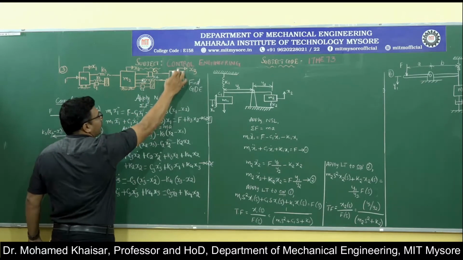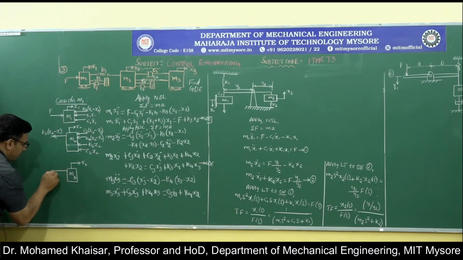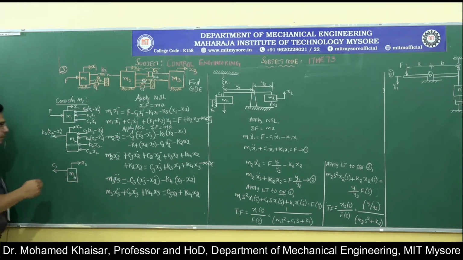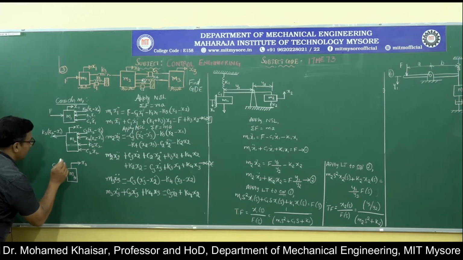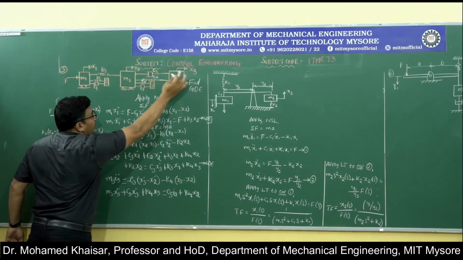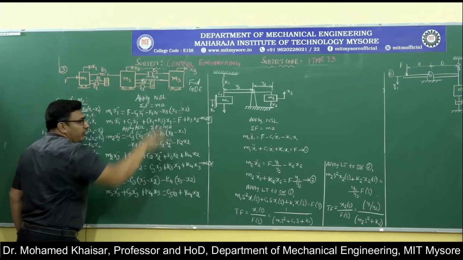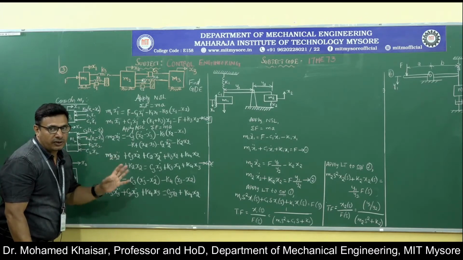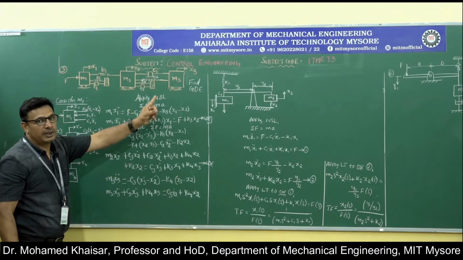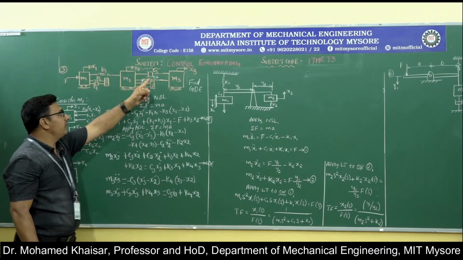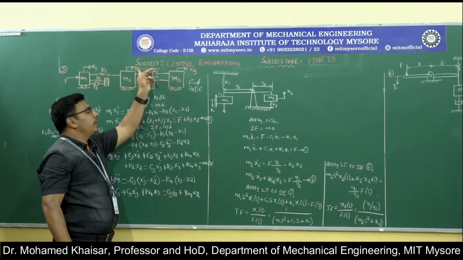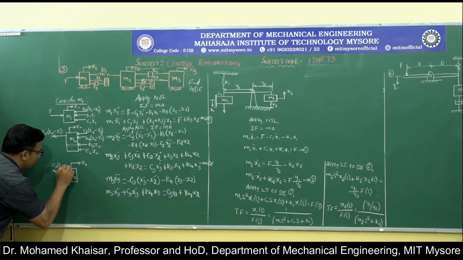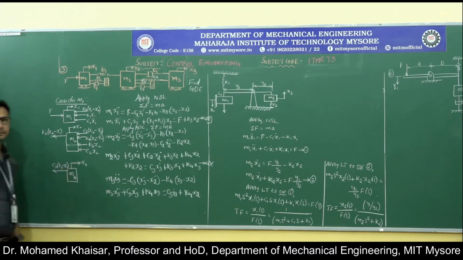When m3 tries to get displaced by distance x3, the damper will try to pull it back by offering the resisting force of C3 into x3 dot, but then m2 will try to push it back, so the effective damping force that is going to resist the disturbance of mass m3 by distance x3 will be equal to C3 into x3 dot minus x2 dot. So C3 into x3 dot minus x2 dot.